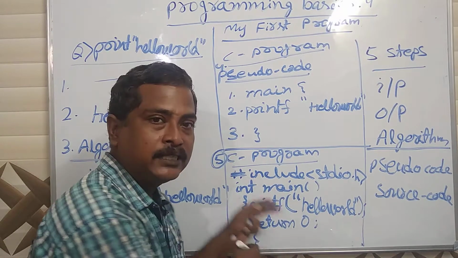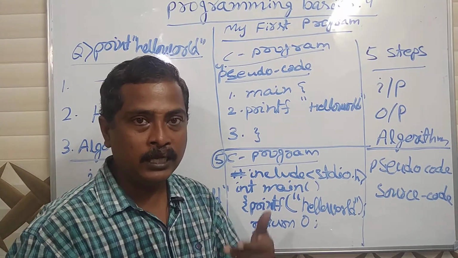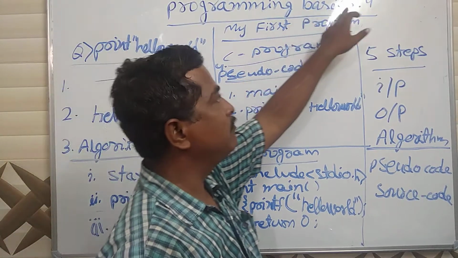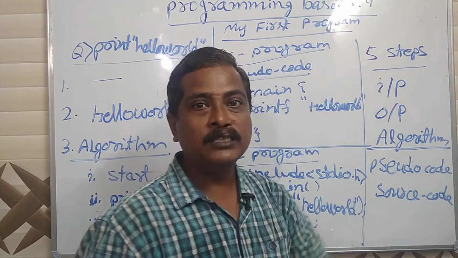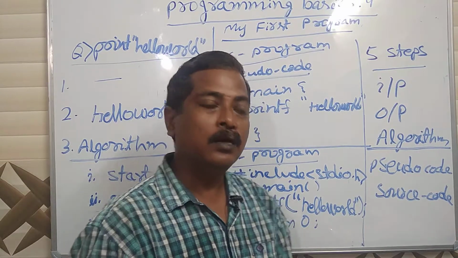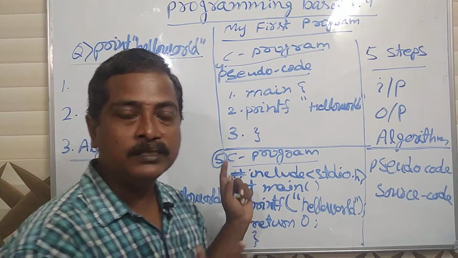Now how to execute the program, I have uploaded another video, my class 3 video, programming basics class 3. You check that one, how to execute programs in different languages. I have totally explained there with a chart.